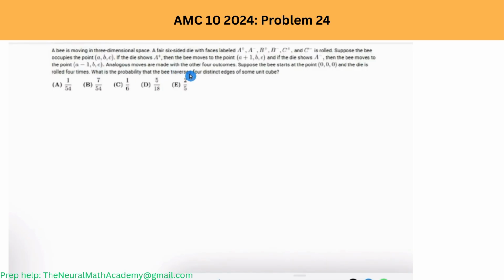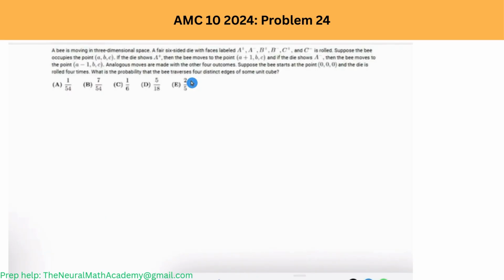And similarly for the other options. Suppose the bee starts at point 0, and the die is rolled 4 times. What is the probability that the bee traverses 4 distinct edges of some unit cube?